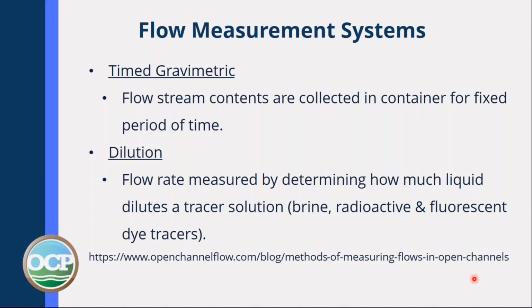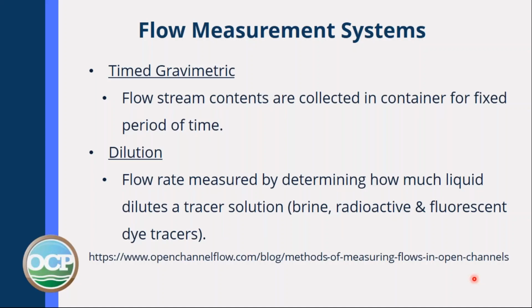The other way we can test or measure the flow is using a dilution. If you add an amount of dye, for example, fluorescent dye, or maybe even certain other types of markers, radioactive markers, then how much that is diluted over a period of time will give you an idea of the flow rate.